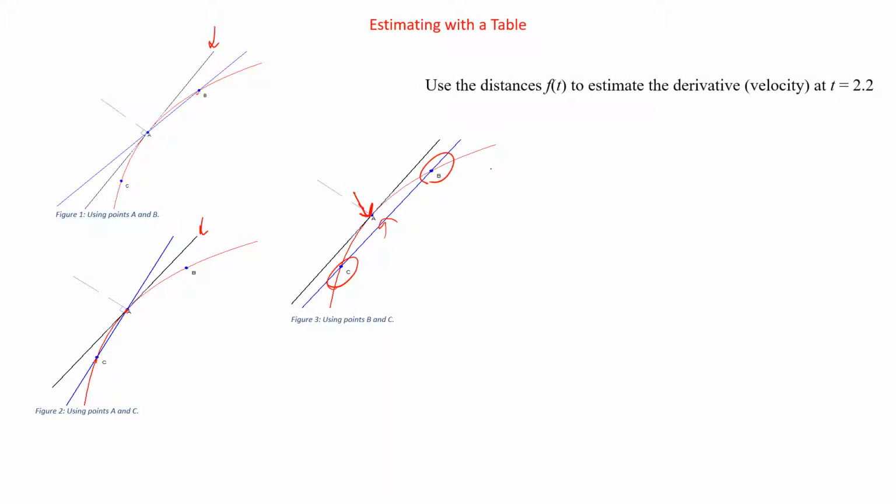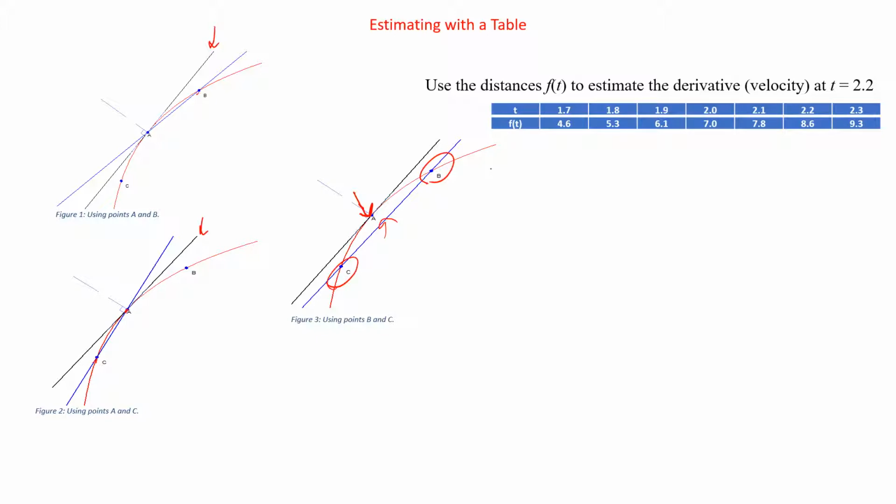So if we want to use the distances to estimate the derivative, velocity at t equals 2.2, so 2.2 is that one, we're going to find the slope between these 2 points. To do that, we just subtract y minus y.